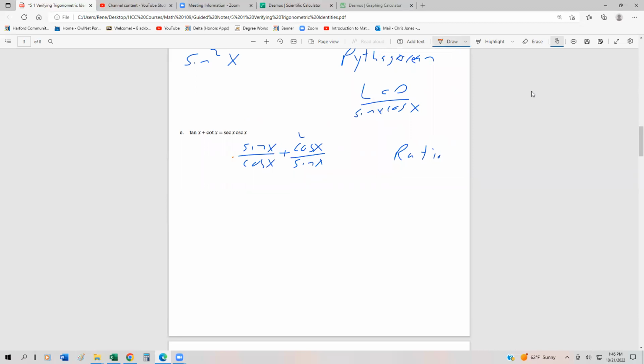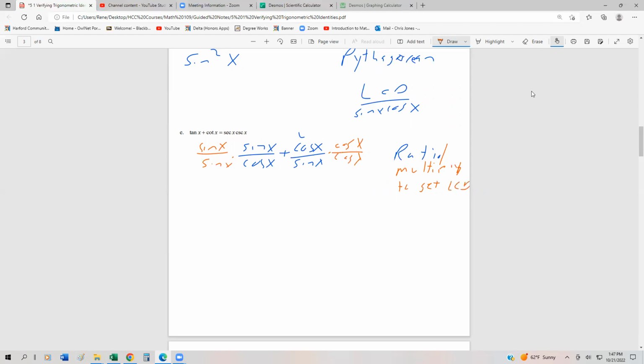Over here, notice that the denominator is missing a sine of x, so I'm going to multiply this by sine x over sine x. And then over here, I'm going to multiply this by cos x over cos x. And so we could just say ratio slash multiply to get the LCD.